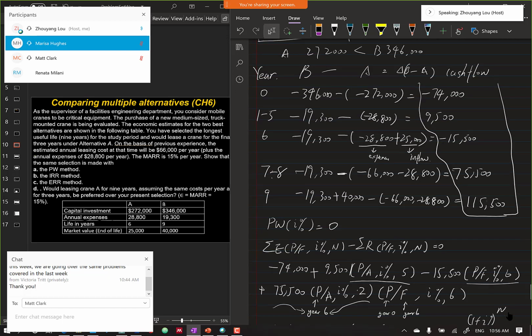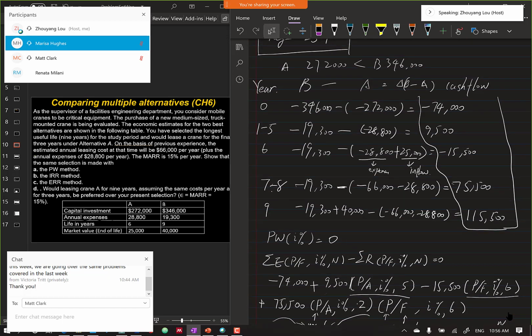Just to summarize what we have done using the IRR method. The idea of getting the IRR is, for all the years, we need to get the net cash flow. We put all the net expenses and net revenues together, but the interest rate, the internal rate of return, is unknown in the setup, and we set that equal to 0 and solve for the interest rate.